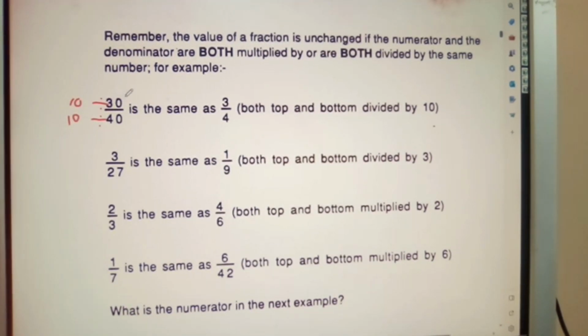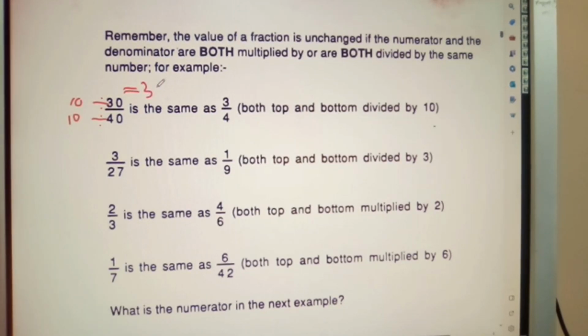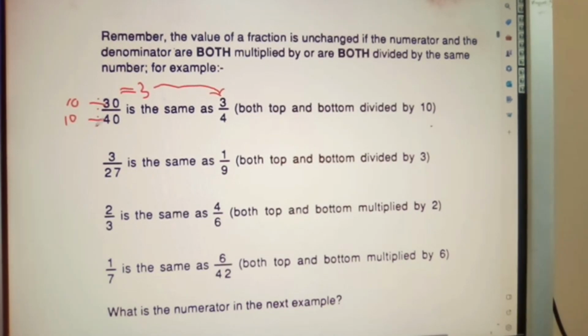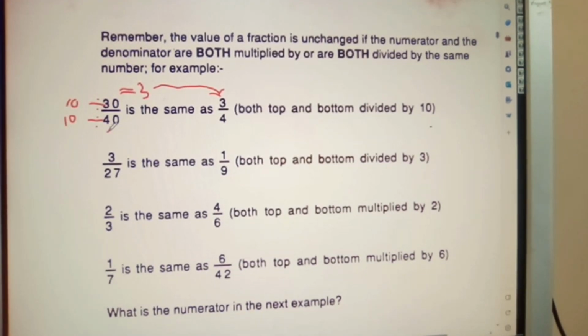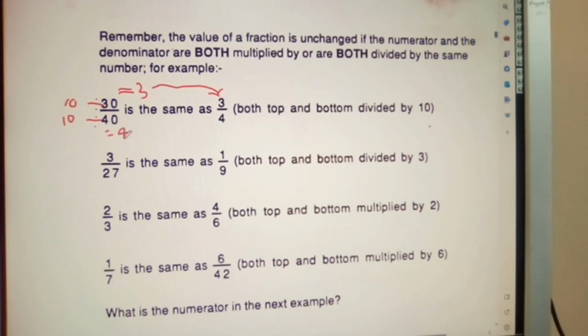Ten into 30 goes 3 times, equals 3, and that's your 3 here. 10 into 40 goes 4 times, and that's your 4 here.